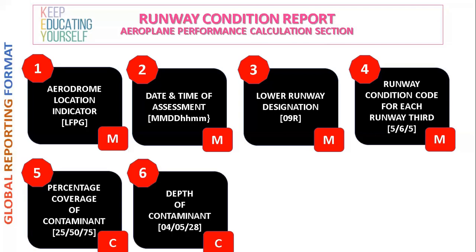It has to be done for each runway third, and it can be a 2 or 3 digit number. Suppose the first third is 04 mm, the second third is 05 mm, and the third third is 28 mm. These are all in millimeters, the depth of contaminants for each runway third.